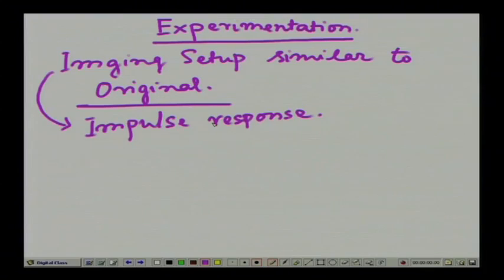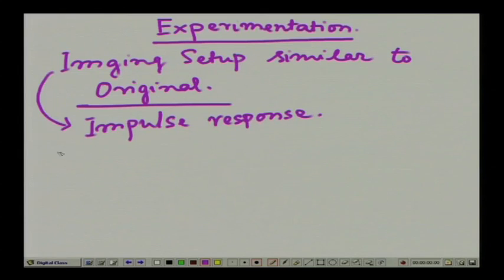Once the impulse response is known, the response of that system to any arbitrary input can be computed from it. So, we want to obtain the impulse response of this imaging setup, and because it is similar to the original, the same impulse response is also valid for the original imaging setup.